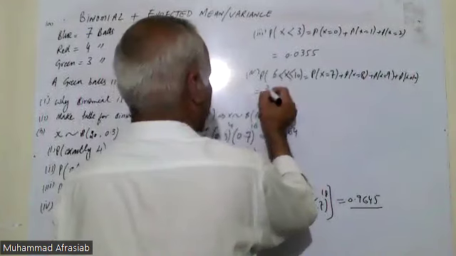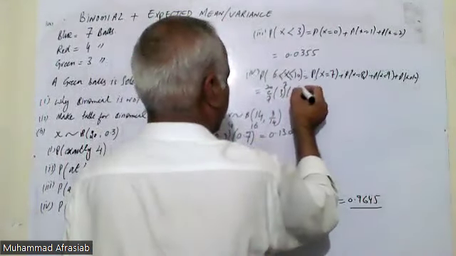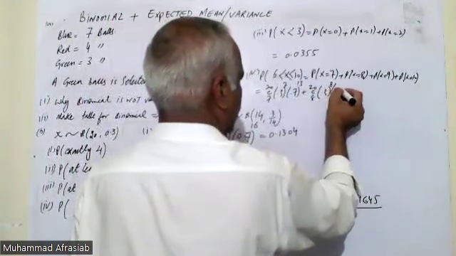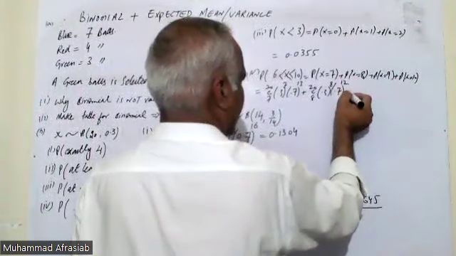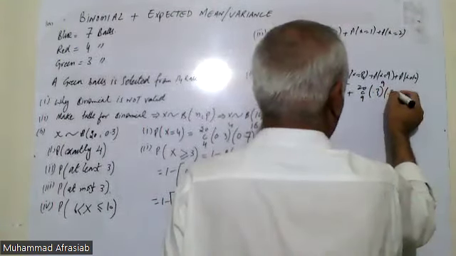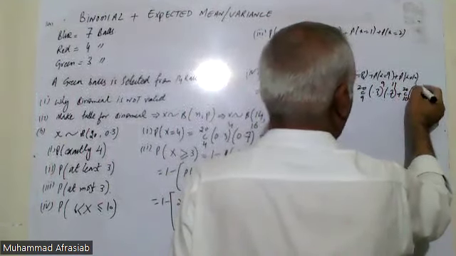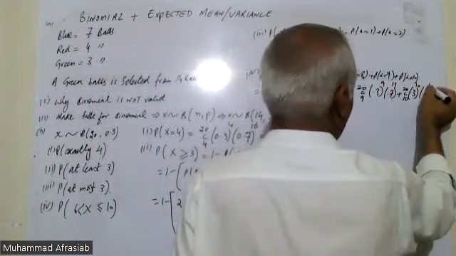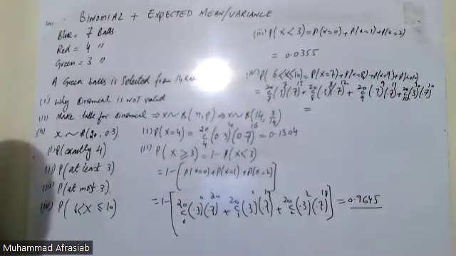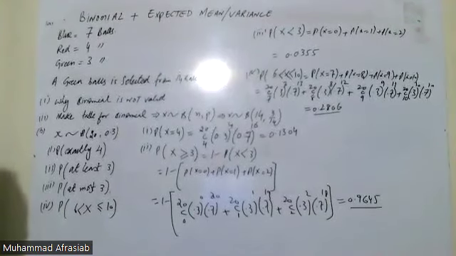So it is 20C7 0.3 power 7 0.7 power 13, plus 20C8 0.3 power 8 into 0.7 power 12, plus 20C9 0.3 power 9 into 0.7 power 11, plus 20C10 into 0.3 power 10 into 0.7 power 10. The final answer is 0.2806.